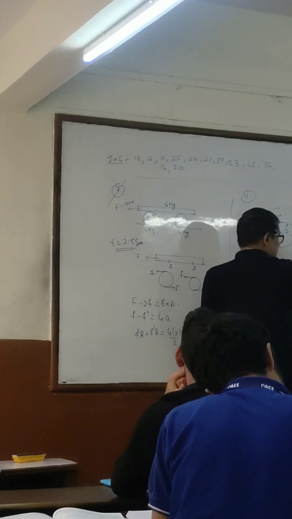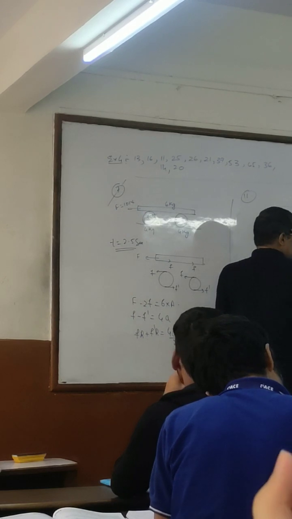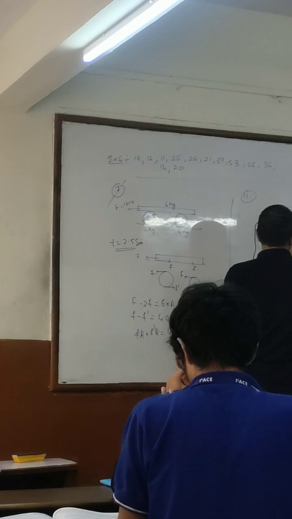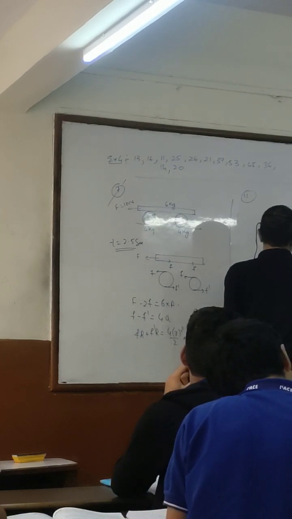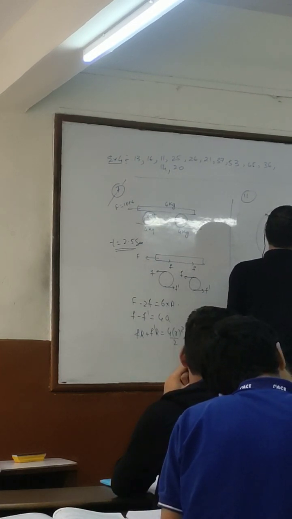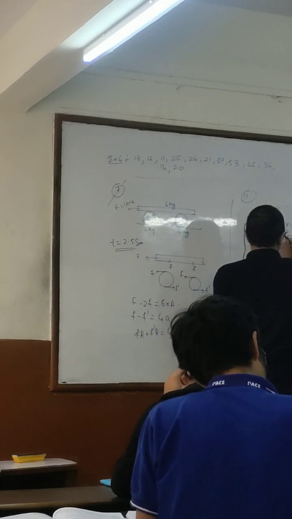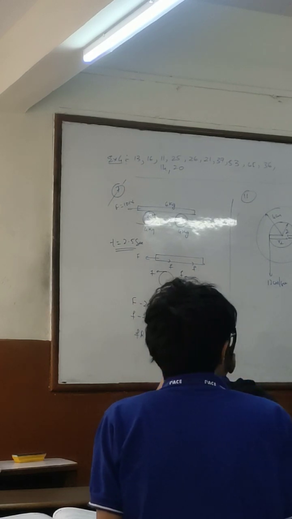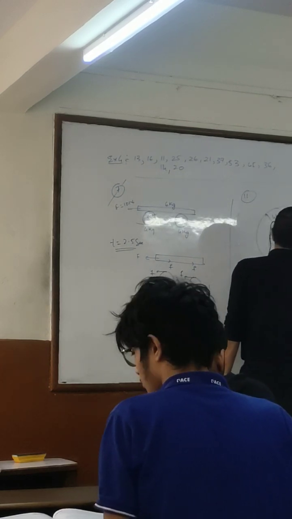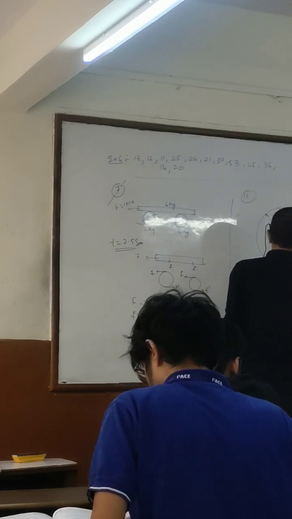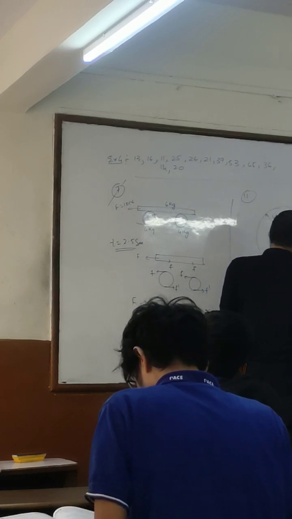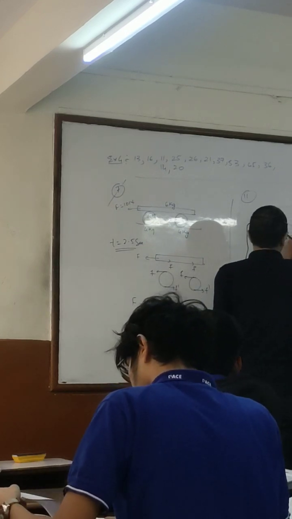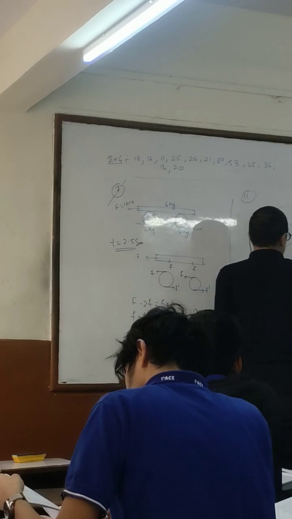Remember, this will not be the instantaneous axis of rotation, right? Suppose I take from here, this is R1 and this is R2. R1 plus R2 will be, this is 2, this is 4, 6 centimeters. Right? 12 by R1 is equal to 12 by R2. That means R1 is equal to R2 equal to 3 centimeters. So this is the position of instantaneous axis.